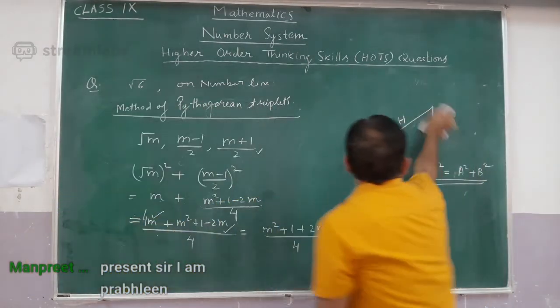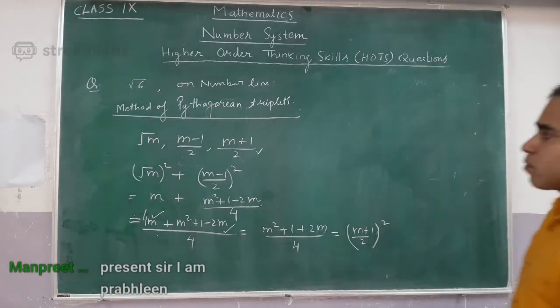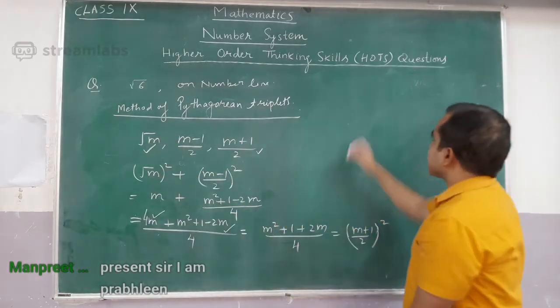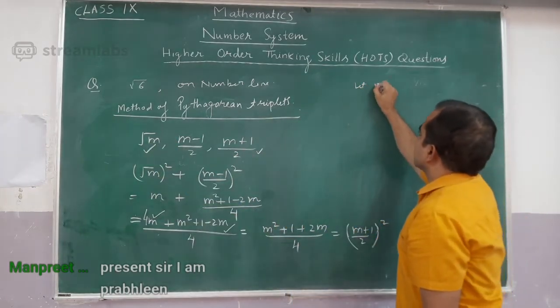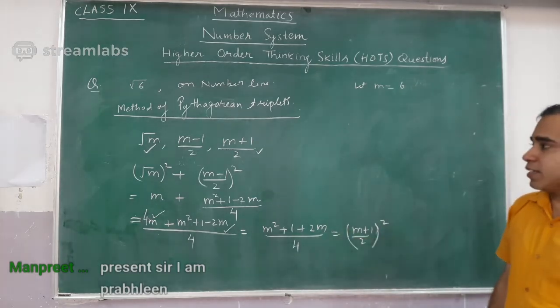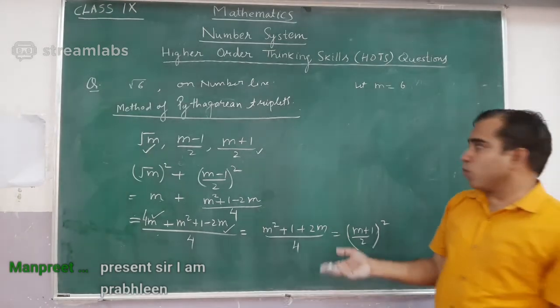Now what is the use here in drawing root 6? The use is that root 6 will be this term. So let m equal to 6. Then what you have to find? You have to find out (m minus 1) whole by 2 and (m plus 1) whole by 2.